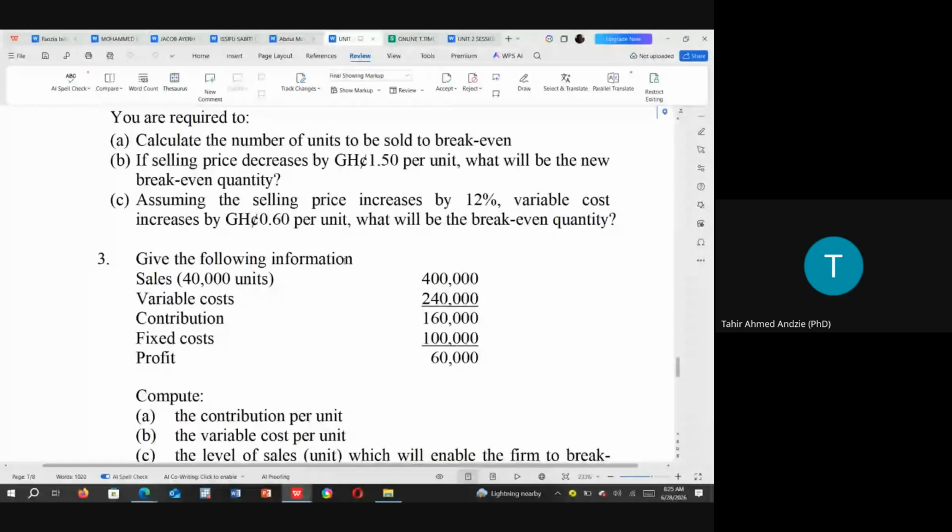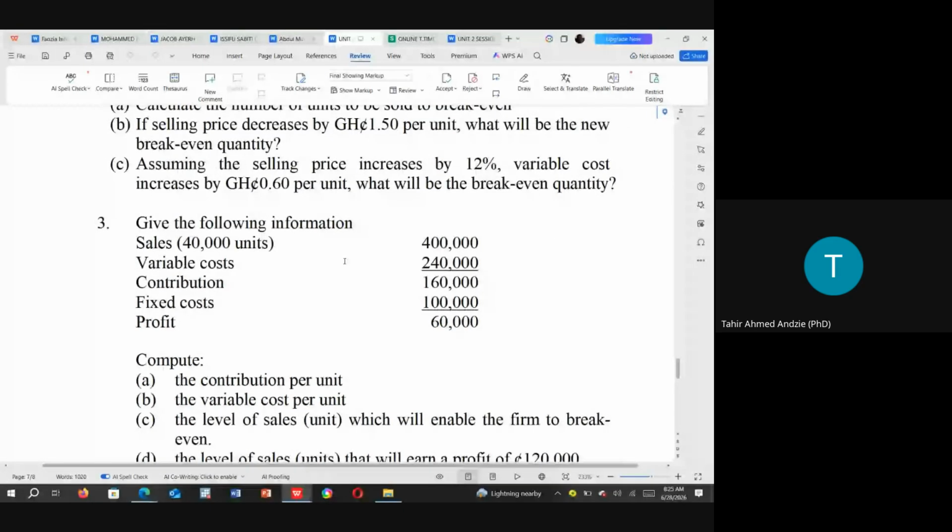This is the question. Can you see the contribution in the statement given? Yes, it's 160,000. And the question is to calculate contribution per unit. How much is the sales unit? The sales unit is 40,000.